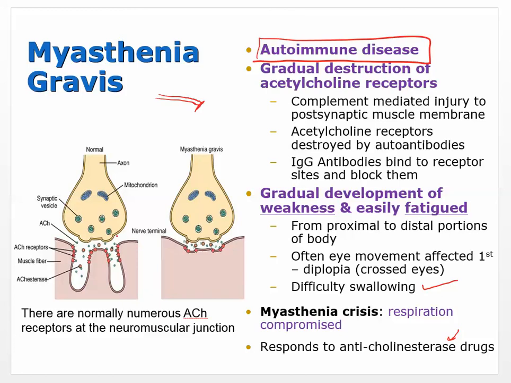So the idea is that you try to leave that acetylcholine in the synapse for as long as you can, and you do that by blocking the enzyme that's breaking down acetylcholine, which is acetylcholinesterase. But that's it. Hopefully that makes sense. I think that's the last slide for this section, and it's a lot longer than I wanted it to be.